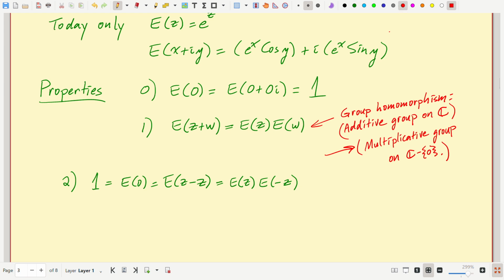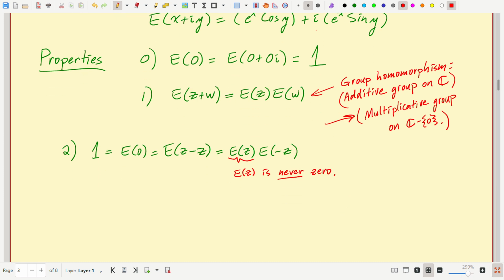So we see from this that e to the z is never 0. And we also see that e to the minus z is equal to 1 over e to the z, as a complex number, because their product is 1.